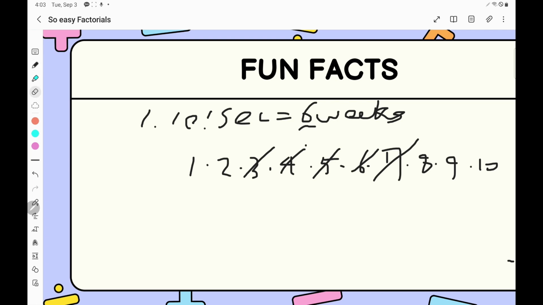Wait, I should go a different way. Let's start again. So 7 days, 24 hours, 60 minutes, and 60 seconds. Why doesn't it work?